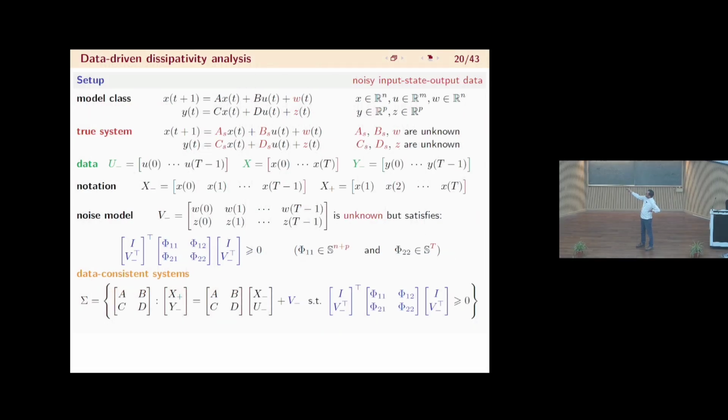Now I collect noise terms entering in the state equation and noise terms entering in the output equation into a big matrix V, and assume that V satisfies a certain quadratic matrix inequality, as before.